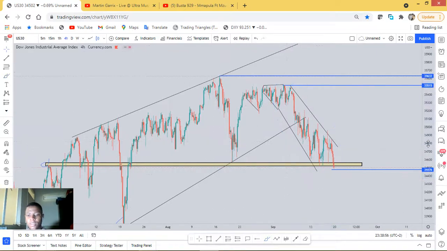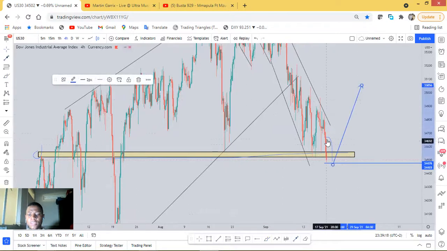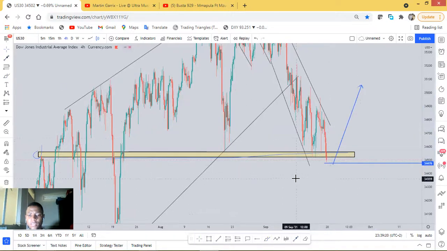So for this, I'd rather see a nice bullish engulfing candle in this area of great significance. I'll wait for that before I look for entries. Otherwise, with US30, I'm also biased to the upside.